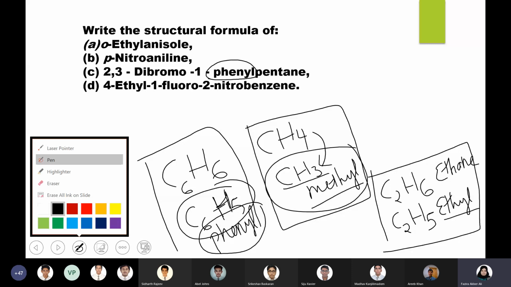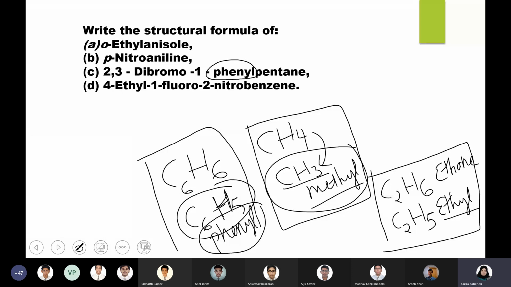Okay, so let's solve this third one. The fourth one we will discuss tomorrow, then we will wind up today's lesson. Third one: 2,3-dibromo, 1-phenyl pentane. Always the one which is ending is the parent chain, that is the main structure.